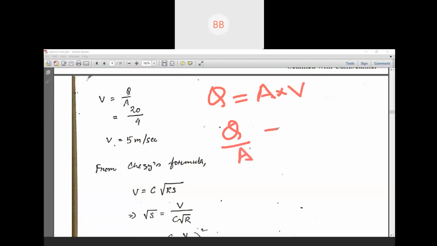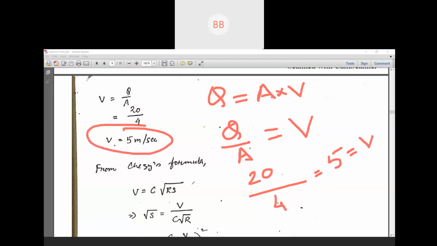The answer you are going to get is the same. So discharge is given 20, area we have already calculated, that is 4. So it is 5. Velocity is 5 meter per second. Then you can use this equation and find out the bed slope.